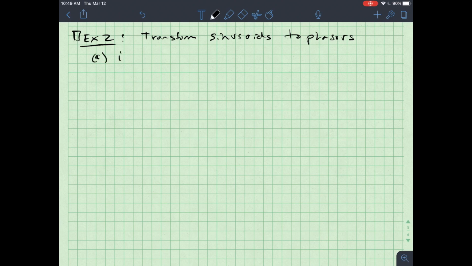So here are my two sinusoids. I is equal to 6 cosine of 50t minus 40 degrees amps, and part B is V is equal to negative 4 sine of 30t plus 50 degrees volts.